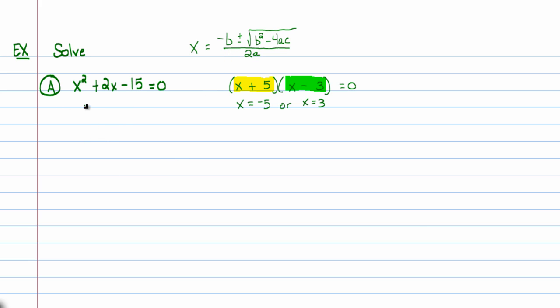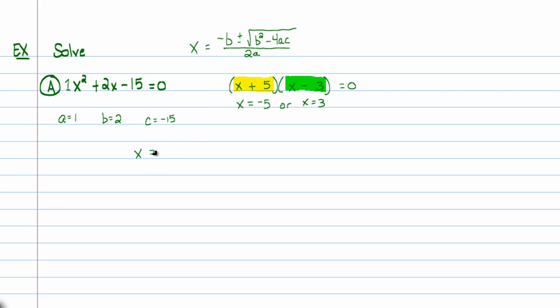So let's see here. The a term is the coefficient of x squared. So I see here that a is 1, because this is 1 x squared. And b, the coefficient of the x term, is 2. And c is the constant, and that is a negative 15. You always carry the sign with it. So let's substitute these values in for a, b, and c into the quadratic formula.